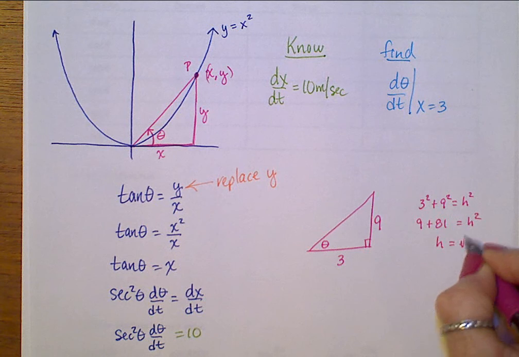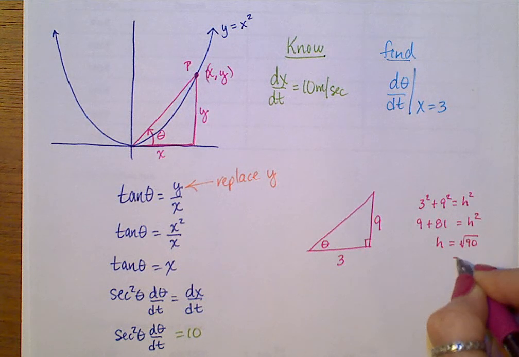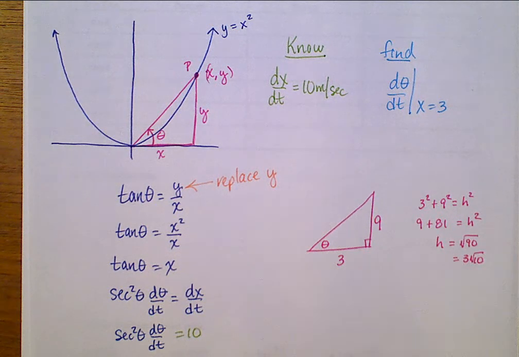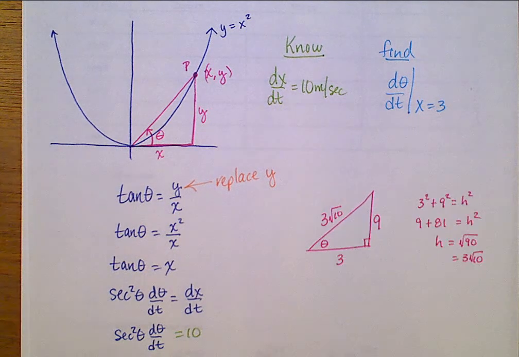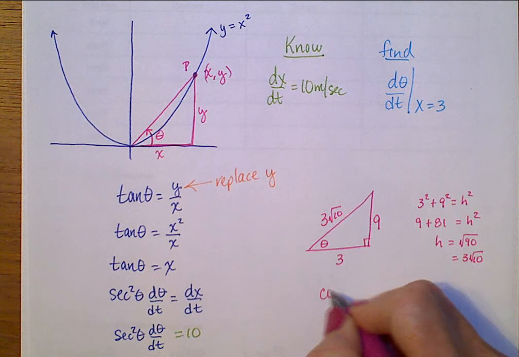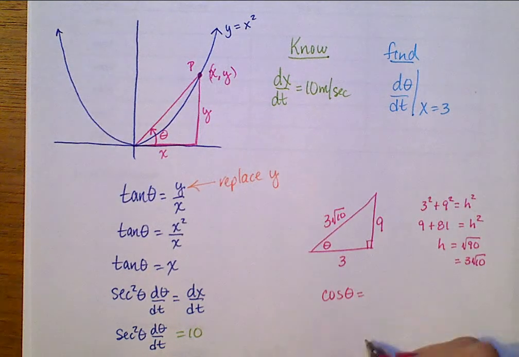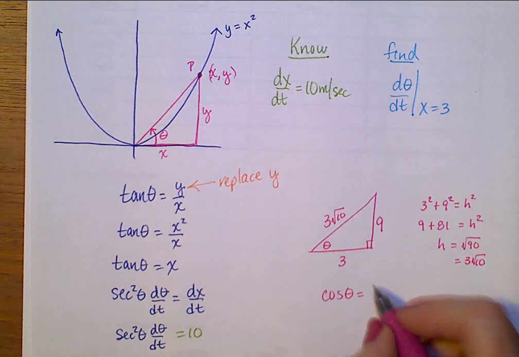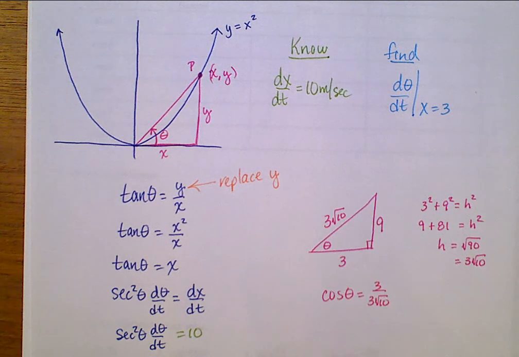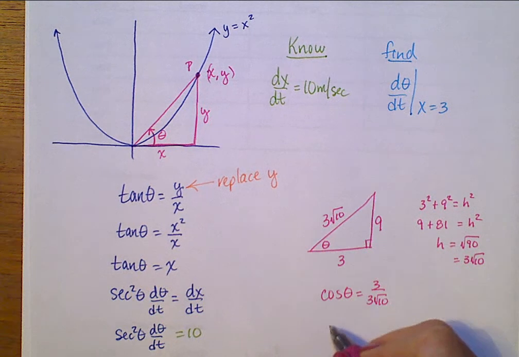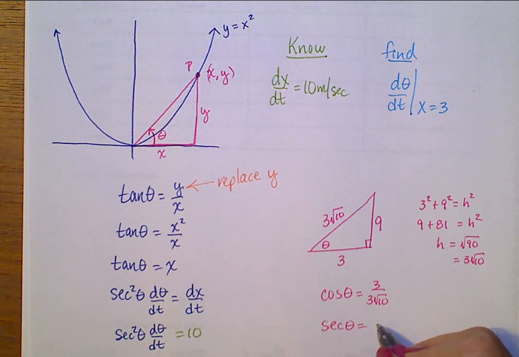H is going to be the square root of 90, or 3 square root 10. Now we see cosine theta is adjacent over hypotenuse, 3 over 3 square root 10. But we want secant. So secant is just the square root of 10.